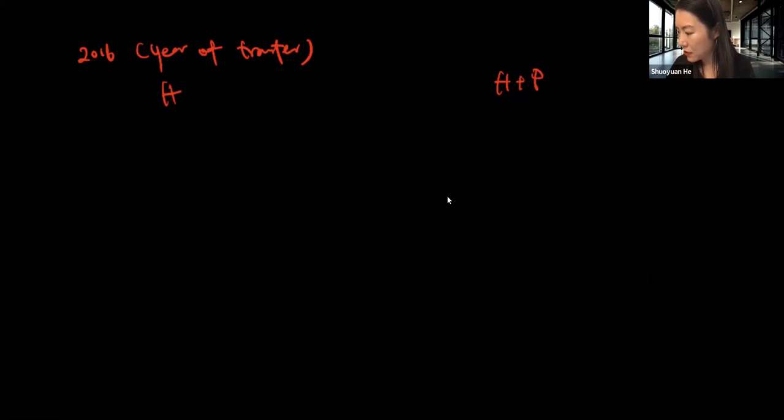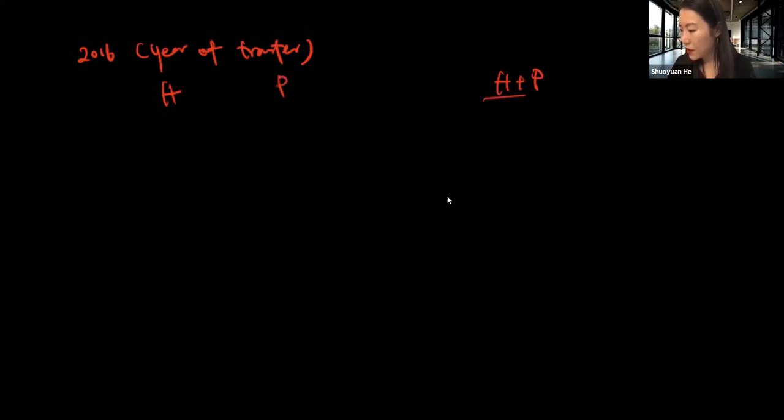So let's first look at the year of 2016, which is the year of transfer. We have Hastings, which is the parent, Patrick, which is the subsidiary, and then we have Hastings plus Patrick, which is if you view two firms as one firm.